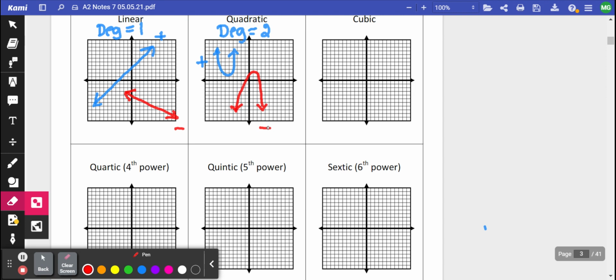So that's our negative lead coefficient. A cubic function is degree 3. And we've done those as well when we did families of functions. Okay, positive lead coefficient looks like this. Starts low, ends at the top. A negative lead coefficient reflects it, so it starts high and then ends going down low, low, low forever to infinity.